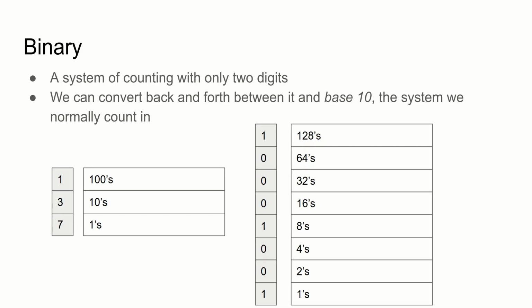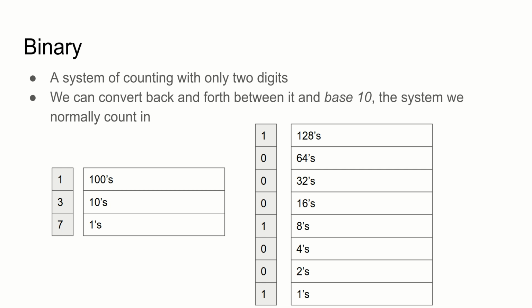So understand that binary is a system of counting, just like decimal that you've probably used all your life, but where decimal has 10 digits, 0 through 9, at any given level, any given space, binary has only 2 digits, 0 or 1.